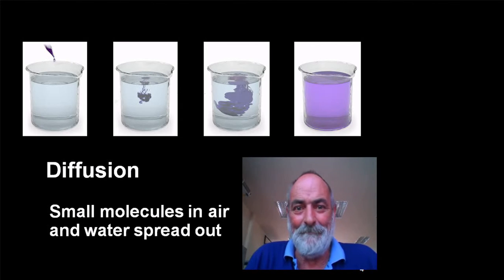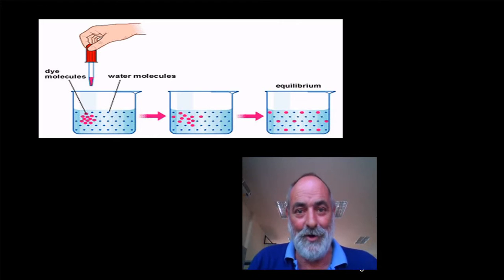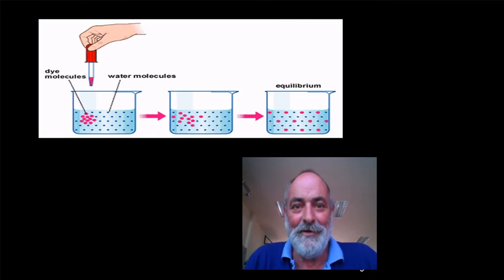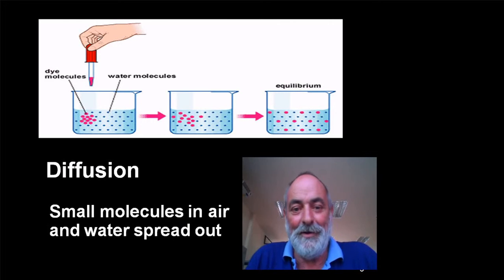Let's look at a diagram. Here is a drop of ink being put into water. You can see the molecules at first are all together. After a while, with jostling and pushing, they move apart from each other until eventually they are completely balanced through the water. Diffusion: the ability of small molecules in air or water to spread out.